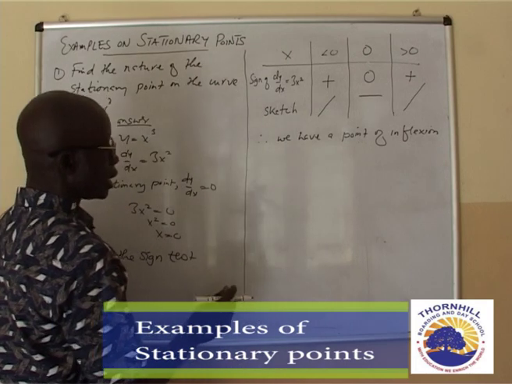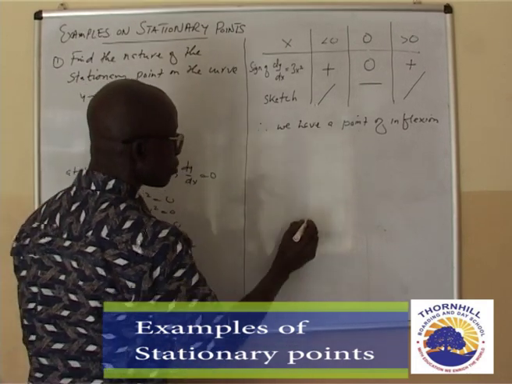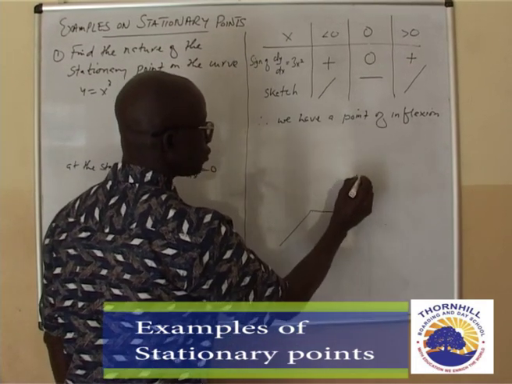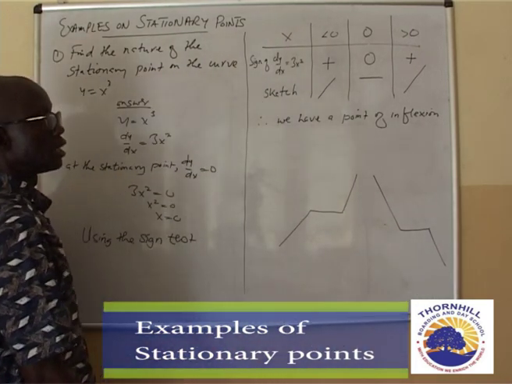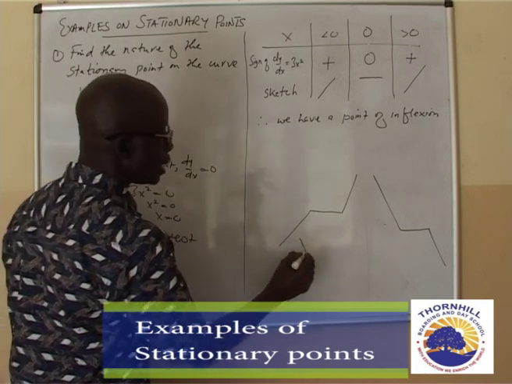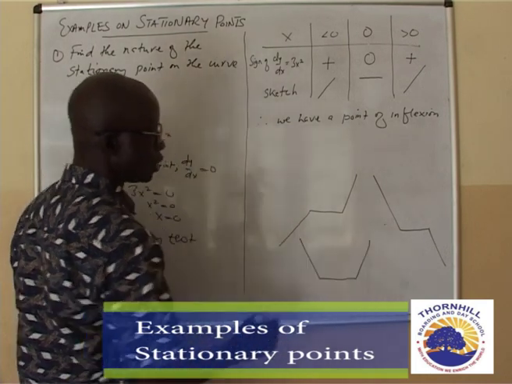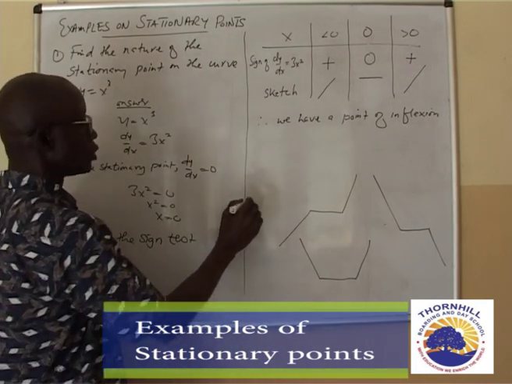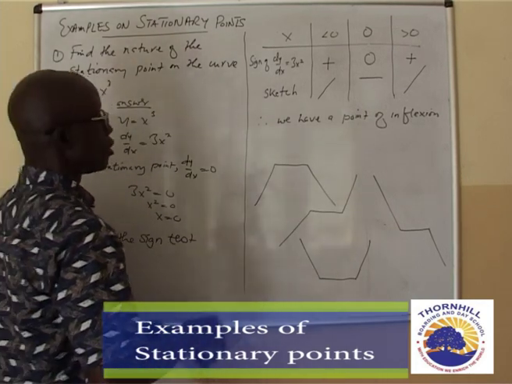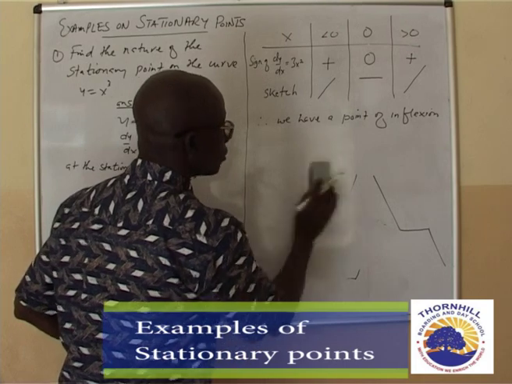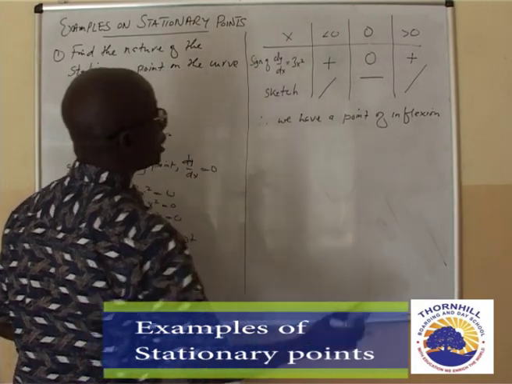A point of inflection is either positive, 0, positive, or negative, 0, negative. So don't forget that. When you see negative, 0, positive, this is minimum. And when you see positive, 0, negative, this is maximum. So we have answered question number 1 using the sine test.